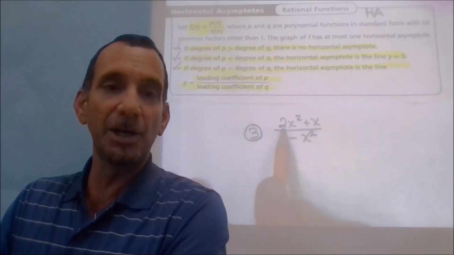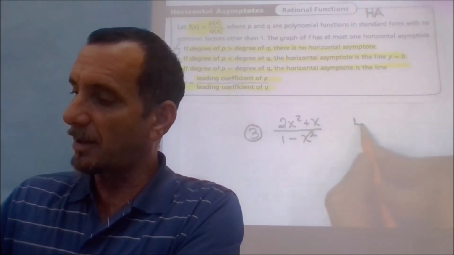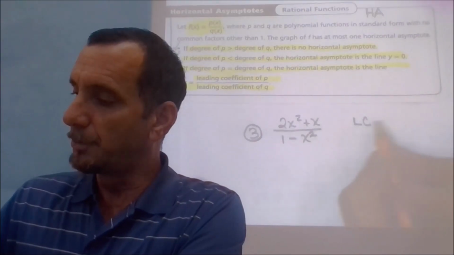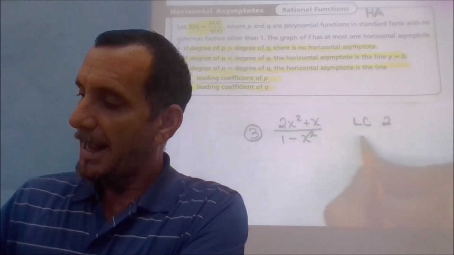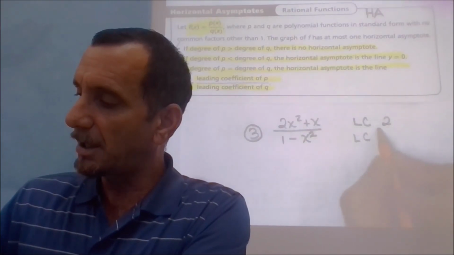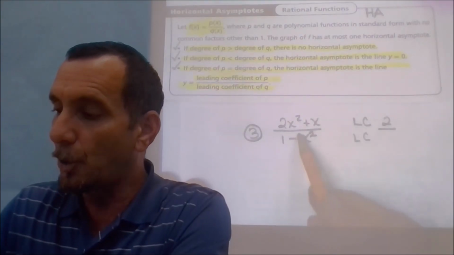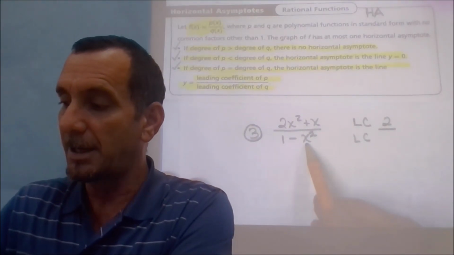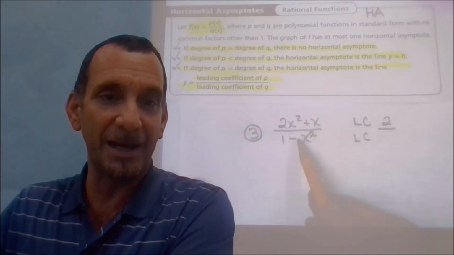So the leading coefficient of this problem, I'm just going to call it LC, of the numerator is 2. And the LC of the denominator, you want to be careful because it's the coefficient in front of the variable with the highest degree.